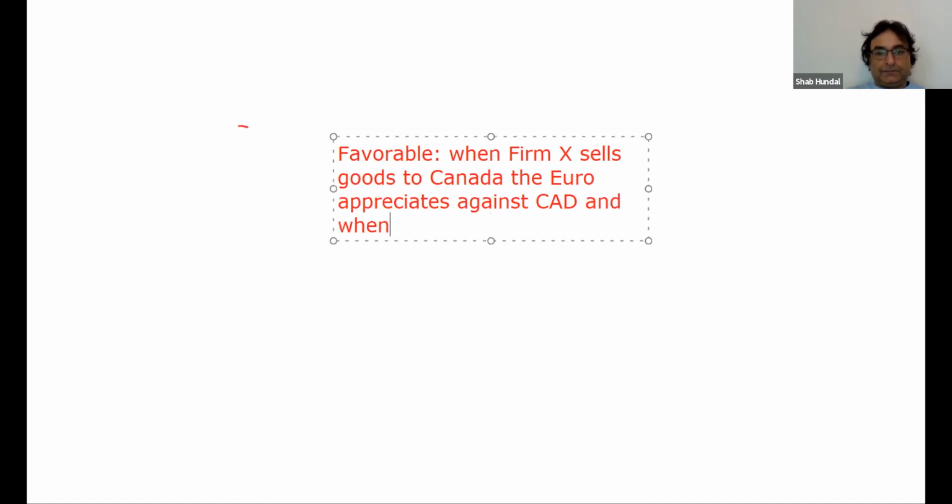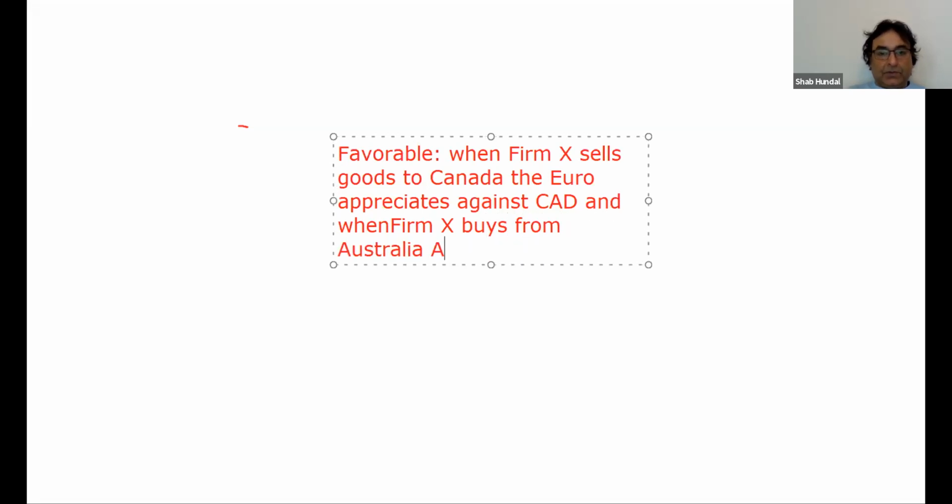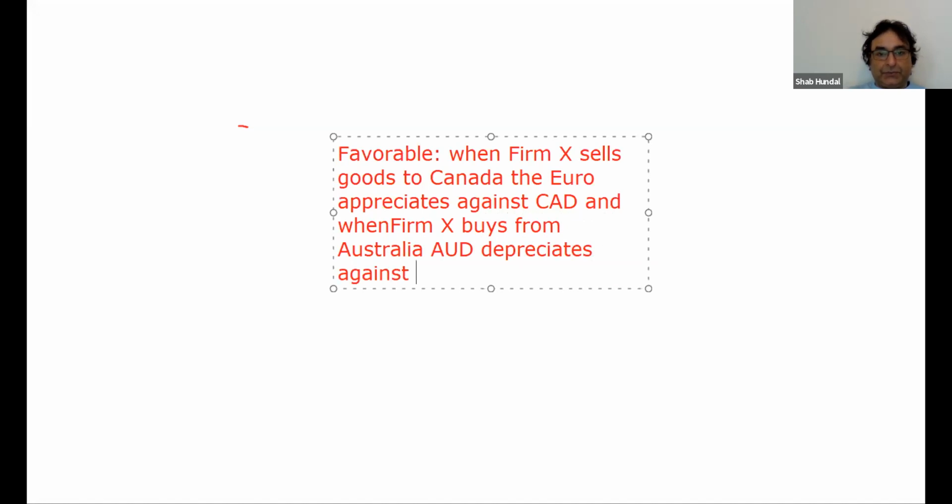Sorry, it should be Canadian dollars here: the CAD appreciates against the euro. And when firm X buys from Australia, the Australian dollar depreciates against the euro.